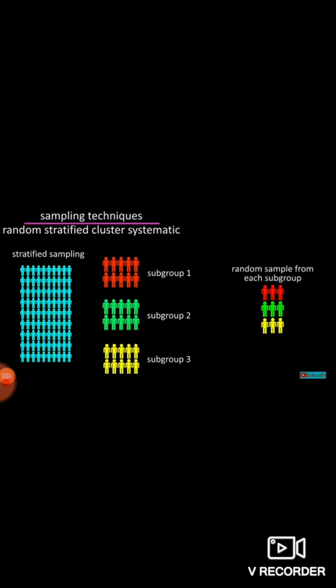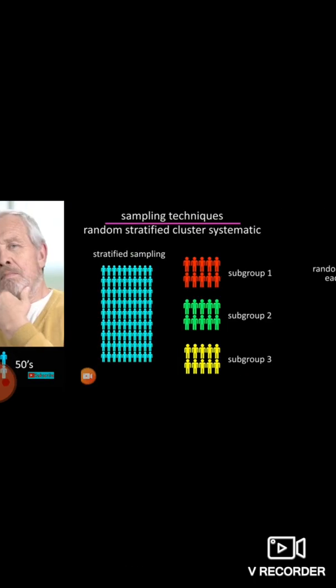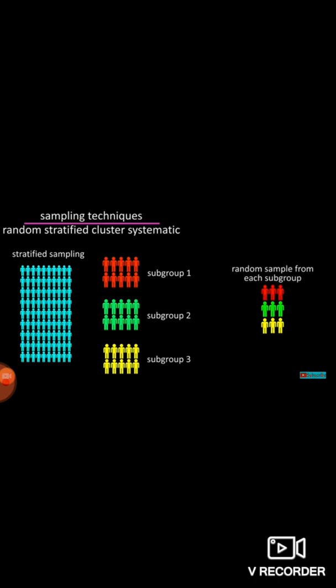Those who are in the age group of 20s, what is their income or saving, then 30s, 40s, 50s, we have divided into subgroups, and then we use the random sampling technique to get the sample from each group. Equal number of samples are taken from each group. A random sample from each subgroup is taken, and then we have got our sample on the very right.